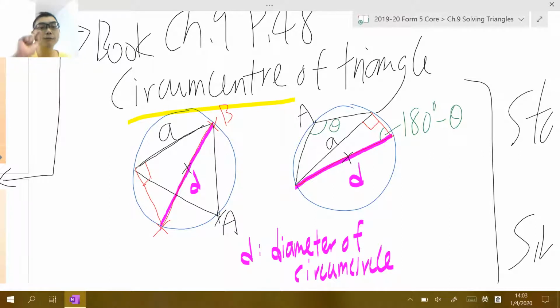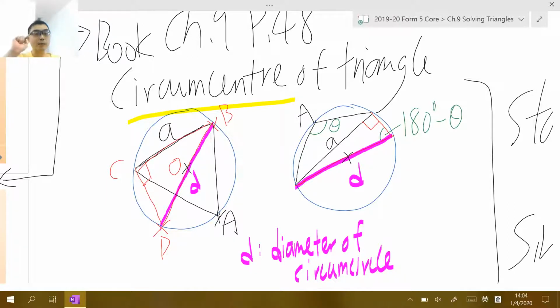Then what we do is join B and O, where O is the circumcenter of the triangle, and extend it as a diameter. That means you draw this purple line as the diameter. Then you have another point here. For example, I say this point is called D, and this one, a triangle vertex, we call C. So you can see that now we form a triangle BCD.